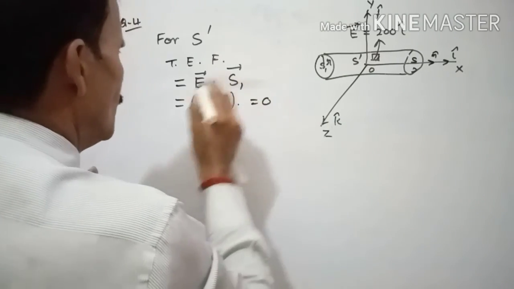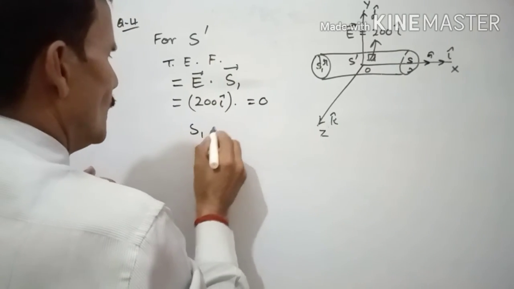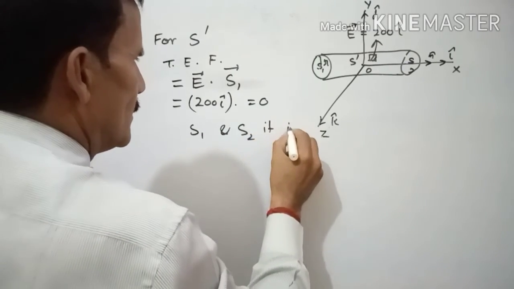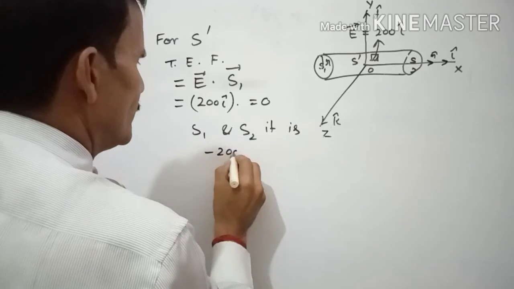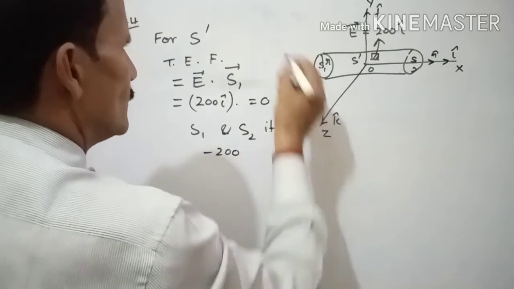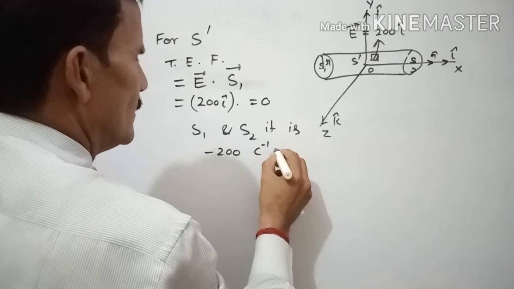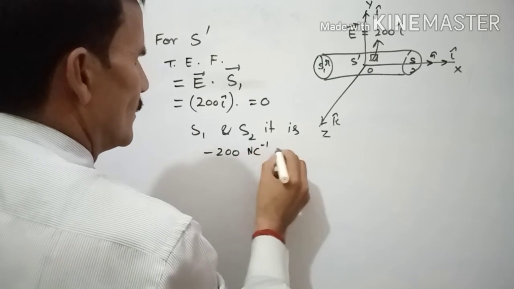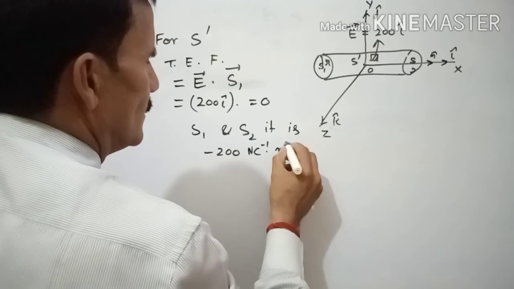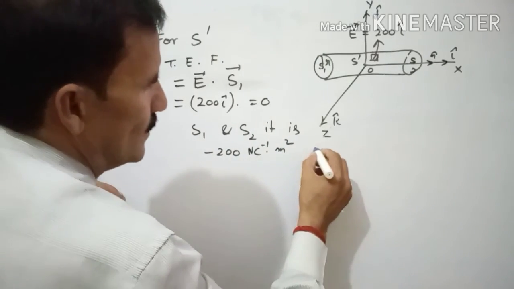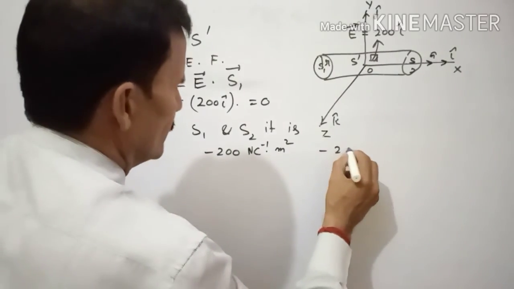Here it is 0, and for those two, S1 and S2, it is minus 200. Okay, you know what the unit is: Newton Coulomb inverse meter square. So this is minus for S1, and for S2 it is minus 2.